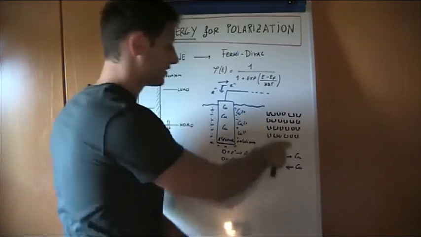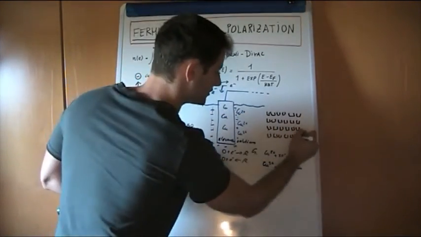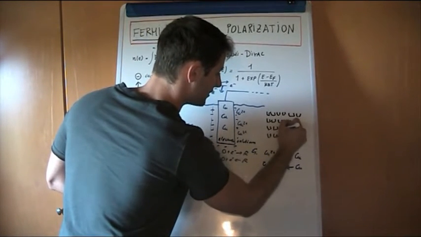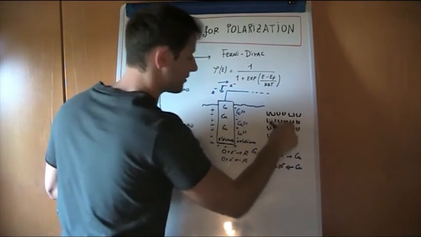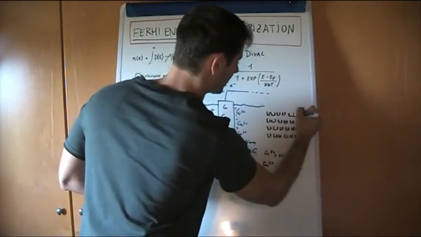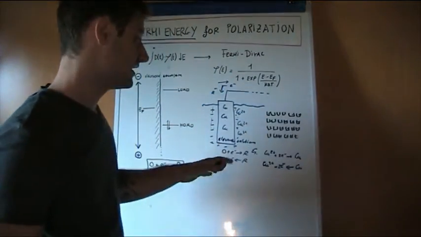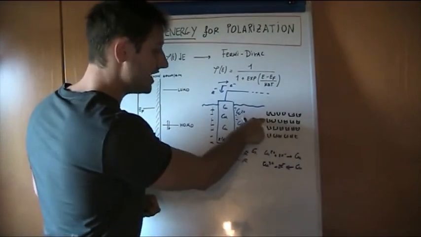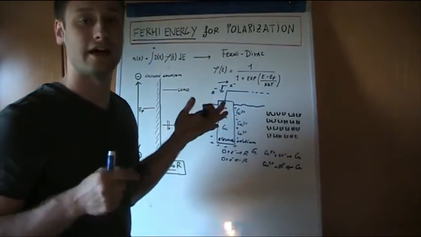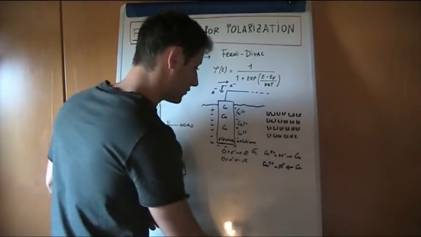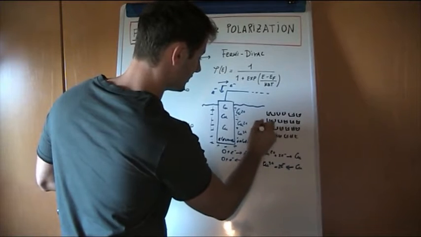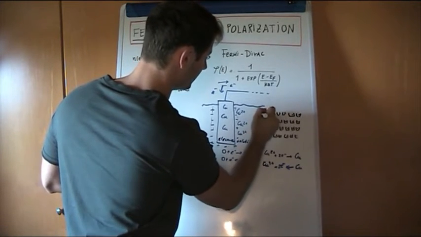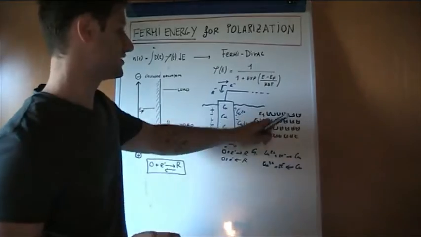This energy level is completely occupied, this one is occupied in this way, and this is the Fermi energy of occupation. In this example, the third level is the Fermi energy: we have E1, E2, and E3 is the Fermi energy, and E4 has an even smaller probability.